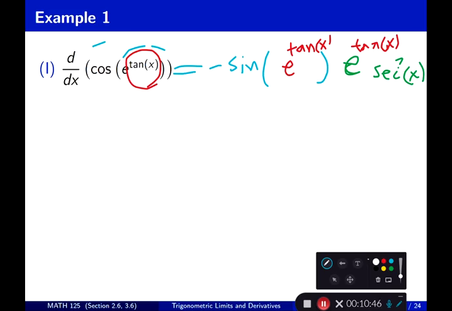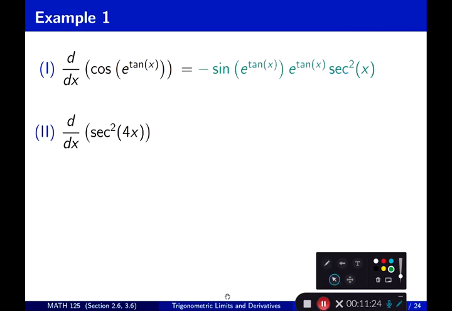Then you take the derivative of that u, and that u has layers also. So another chain rule for e to the power tangent of x. And then what you end up with is e to the power tangent of x, and then the derivative of tangent of x, which is the most inner, and that would be secant squared x.